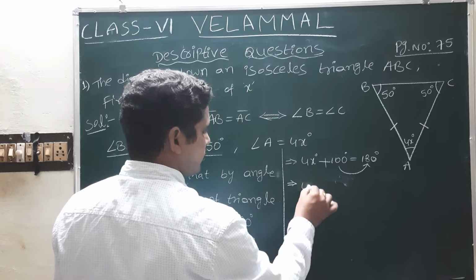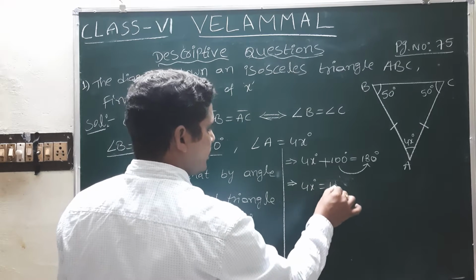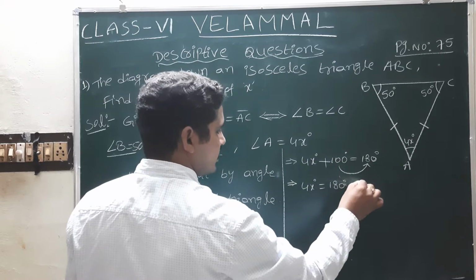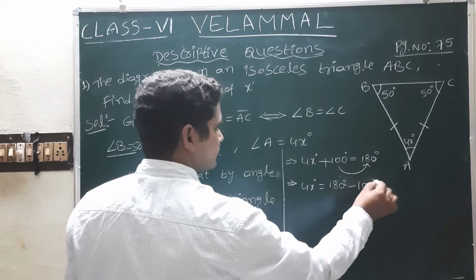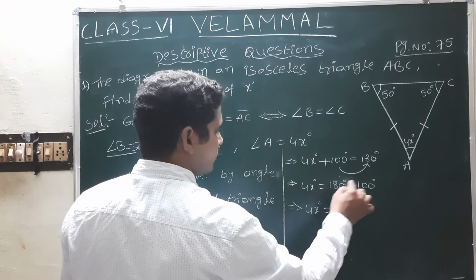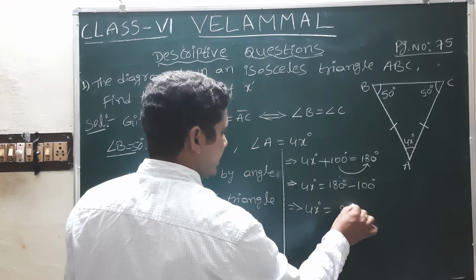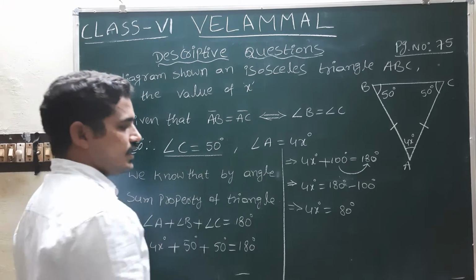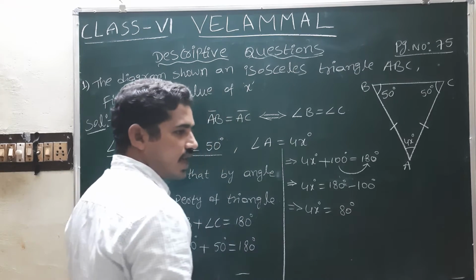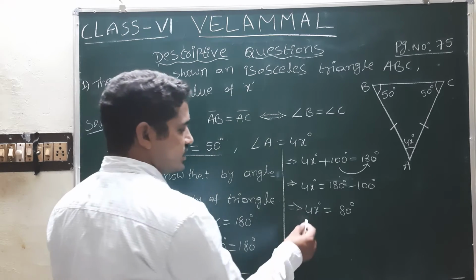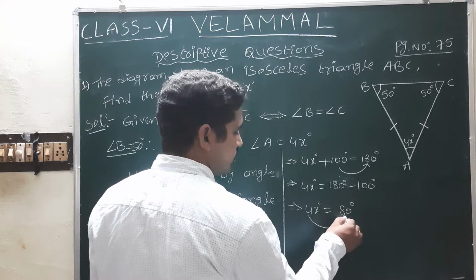So 4x degrees is equal to 180 degrees, and 100 coming to this side becomes minus 100. So 4x degrees is equal to 180 minus 100, which is 80 degrees. We have the 4x value, but the x value is needed. For getting the x value, we send the 4 to the other side.